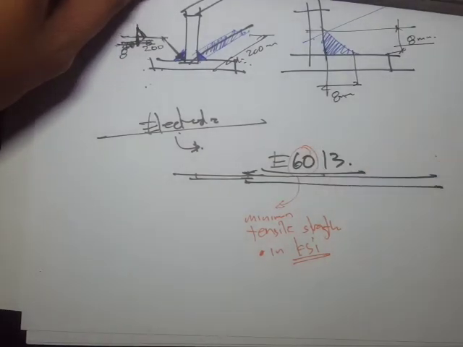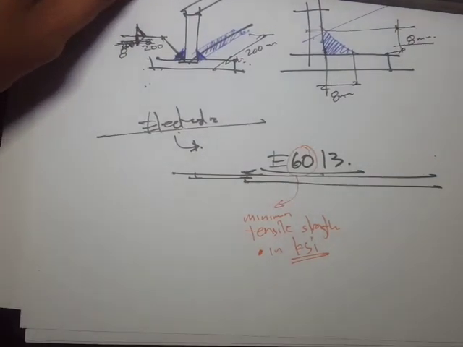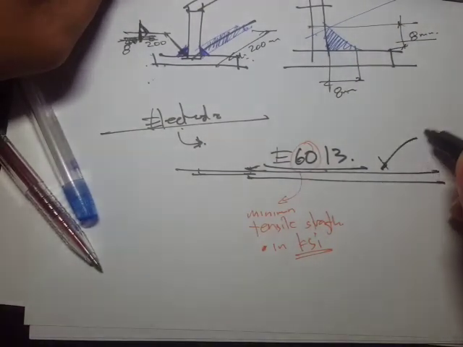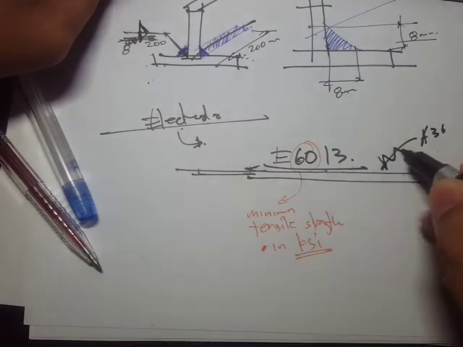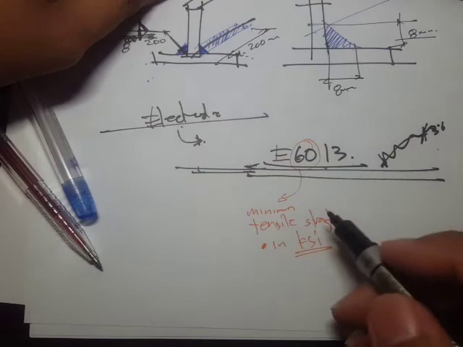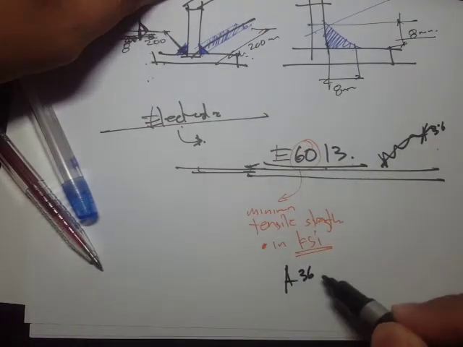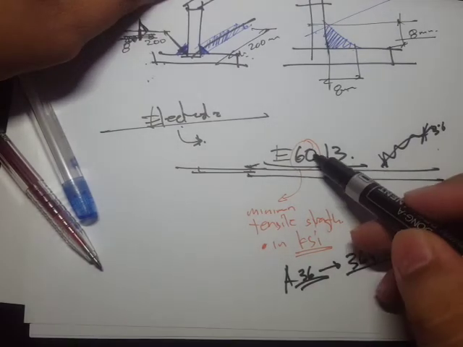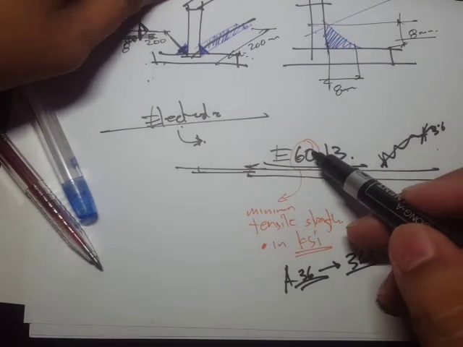So if we have a steel bar of, for example, A36, then that's 36 KSI. Now this one can provide 60 KSI.